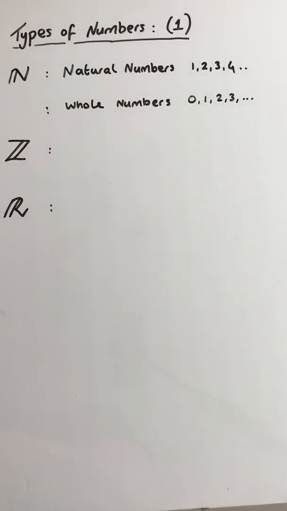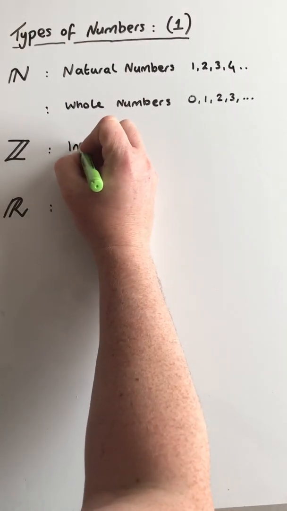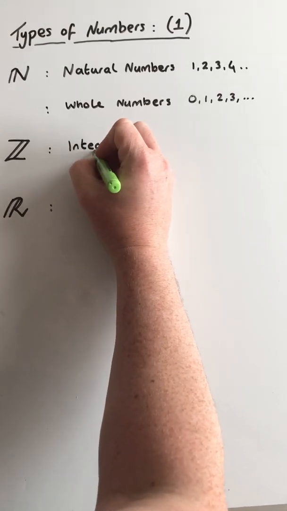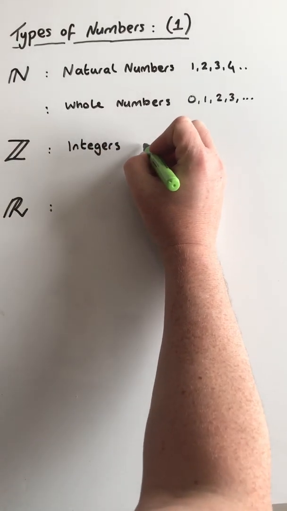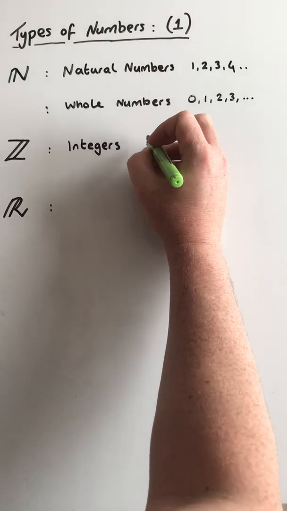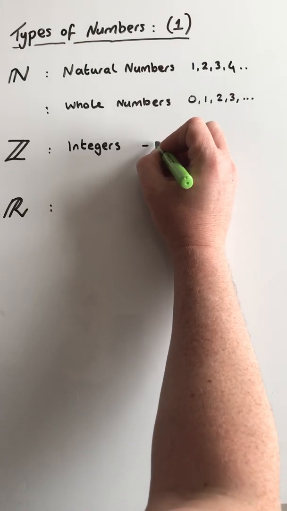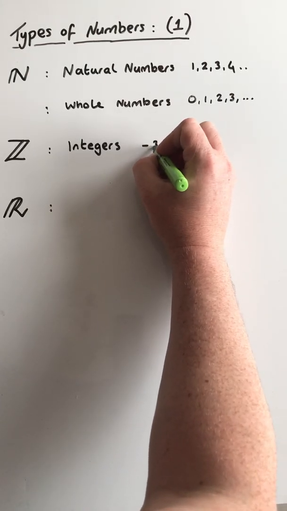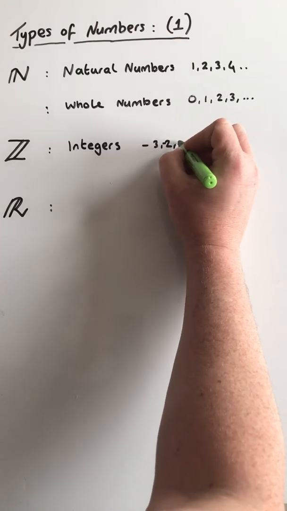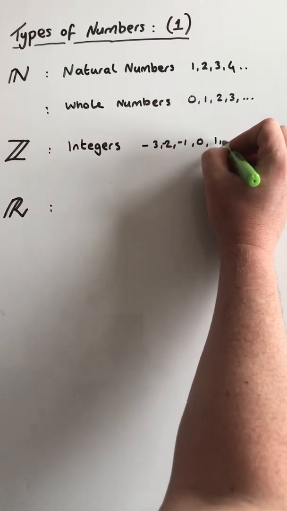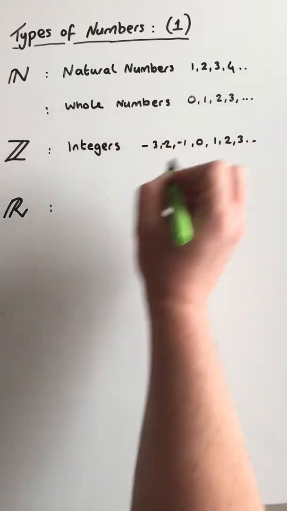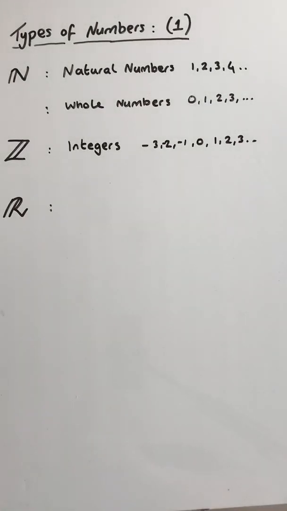The Z is the German translation of number, which is Zahl. So these are the set of integers. So that's all the numbers from negative infinity all the way to positive infinity. -1, 0, 1, 2, 3 and so on.